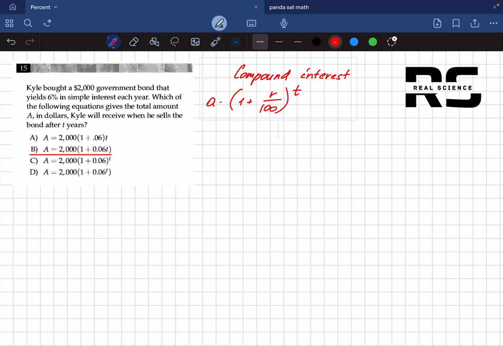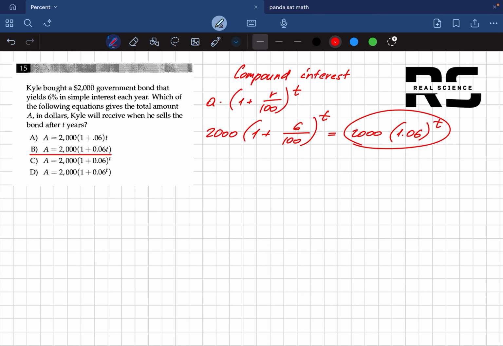So the initial amount is $2,000. So we have an increase of 6% each year. So after T years, that's going to be 2,000 times 1.06 to the power of T. This is basically the formula that we need.